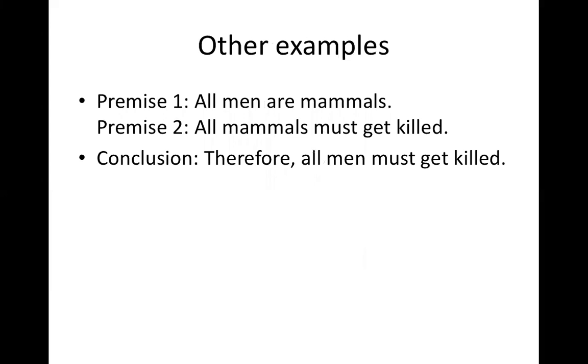This is another example. All men are mammals, all mammals must get killed, therefore all men must get killed. First of all, what kind of argument is this? Is it modus ponens, tollens, hypothetical, or disjunctive? Or one of the fallacies?